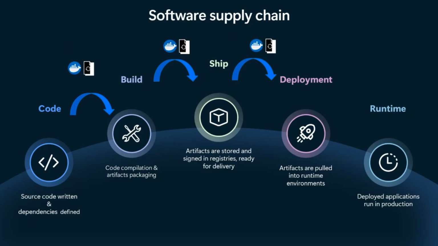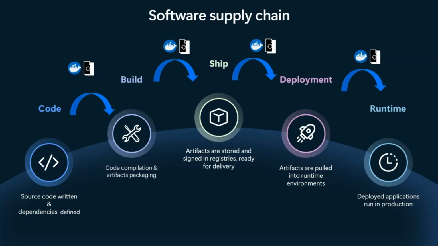Then during the ship phase, deliverable software artifacts are signed and stored in centralized artifact repositories, ready for delivery. And upon the deployment phase, software artifacts are assessed for deployment eligibility, and if they pass all checks, deployed to the target environments. Then during the runtime phase, finally, the deployed software starts execution.